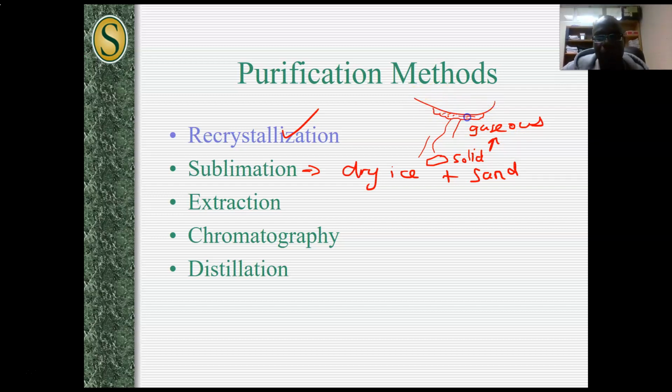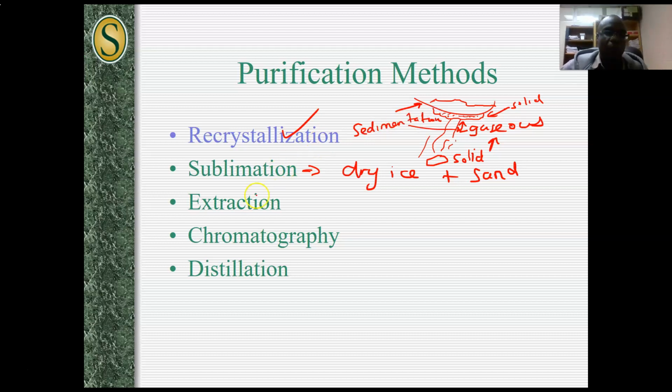As what we call a sublimate, it goes back to solid. So let's say you have cold water on a watch glass. As the gaseous dry ice goes up, it collects on the cold surface and becomes solid again. So that's sublimation, from solid to gas, and then from gas to solid, that's called deposition.